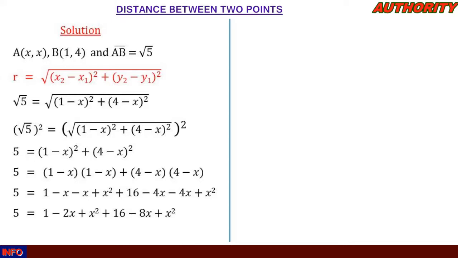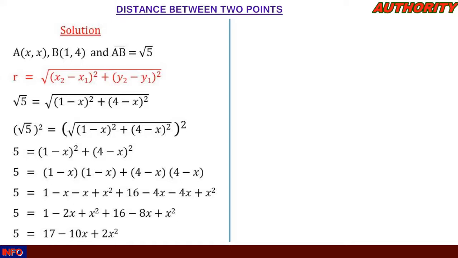Minus 2x minus 8x gives us minus 10x, 1 plus 16 gives us 17, and x squared plus x squared gives us 2x squared. So 5 is equal to 17 minus 10x plus 2x squared.